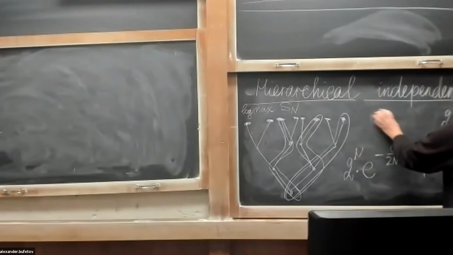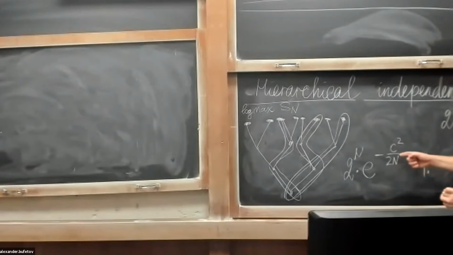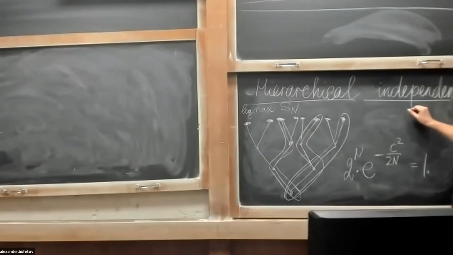So from here, I have c roughly equal to the square root of 2 log 2 times n. There is something I'm not doing right.